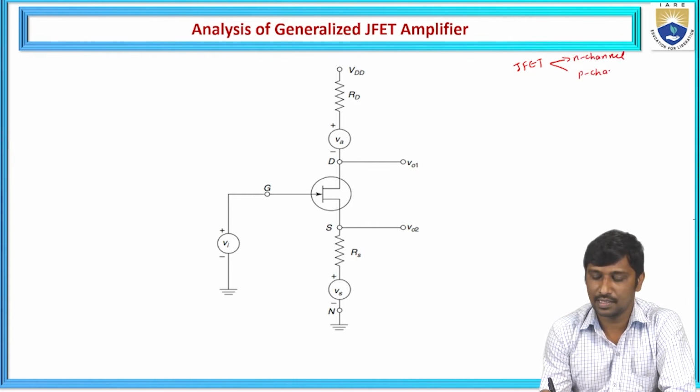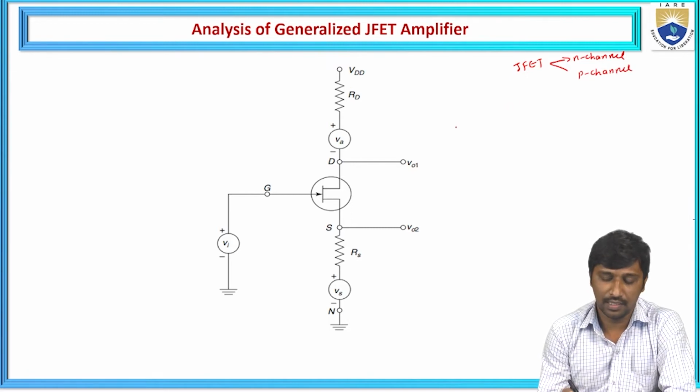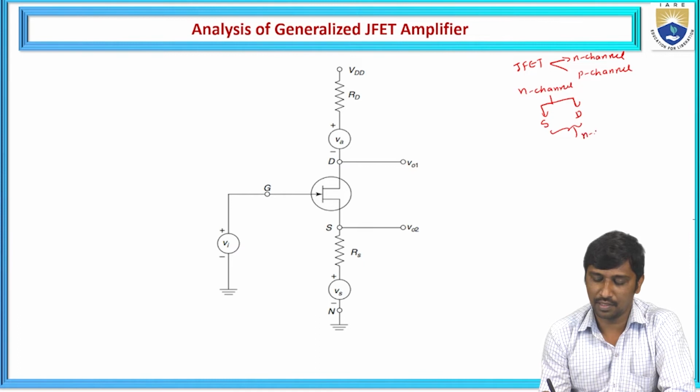If it is an N channel JFET, the source and drain are made up of N-type material.